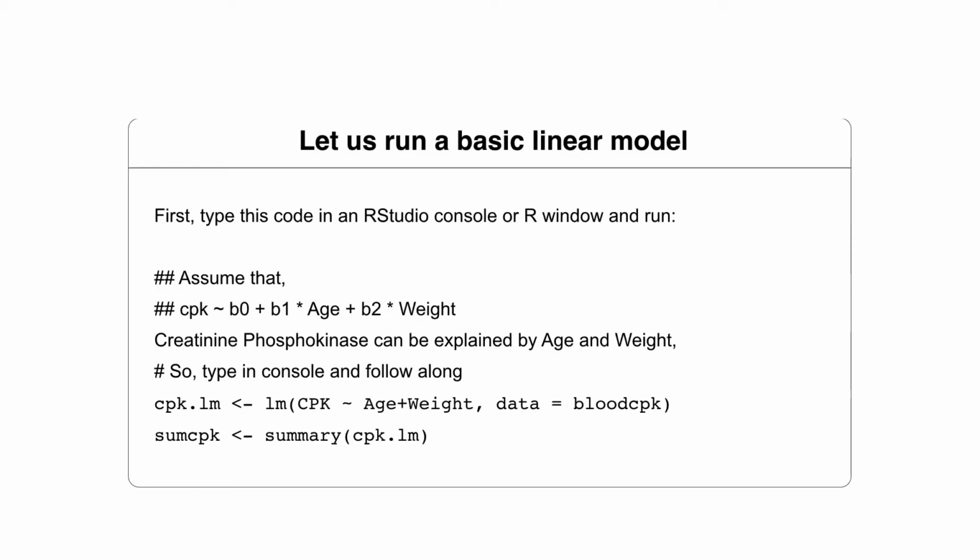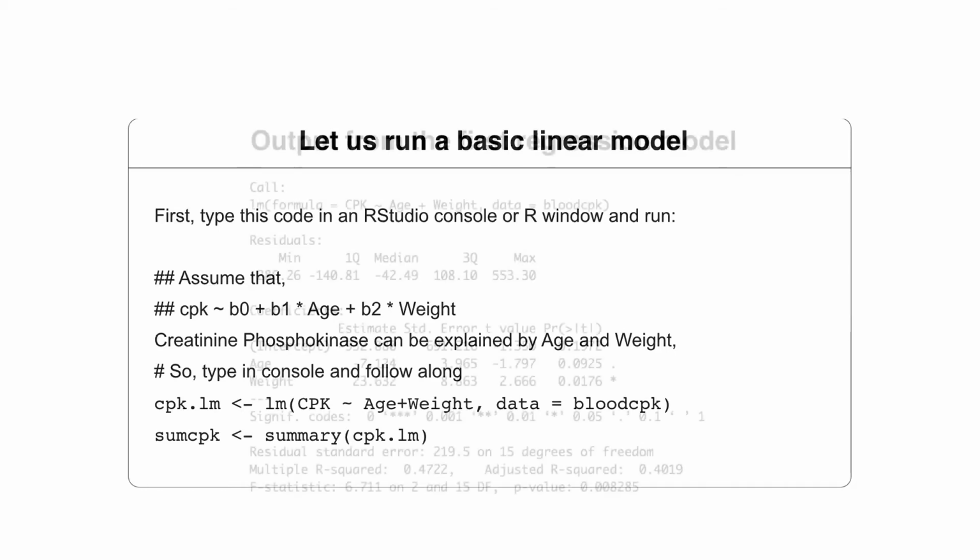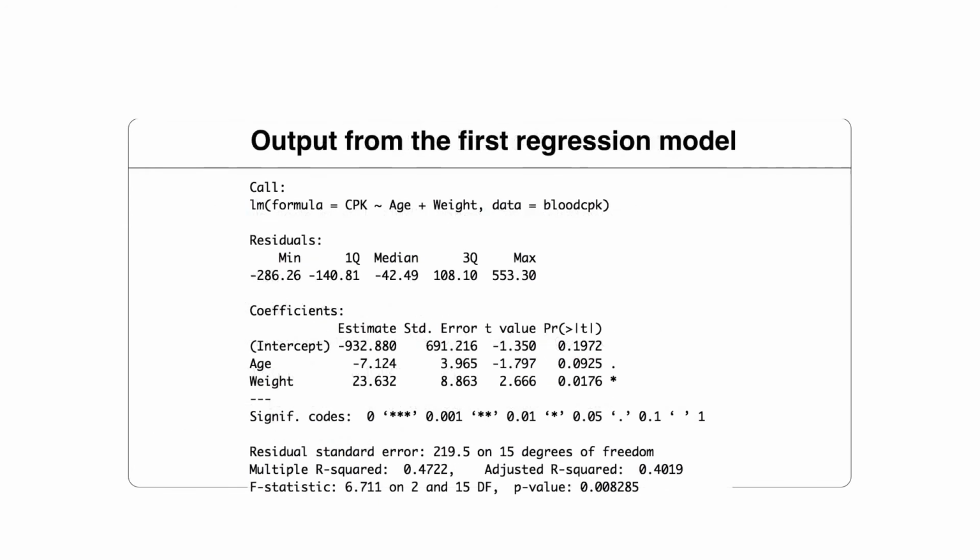So let's see if we get the sum_cpk. So print out sum_cpk. What do we get out of that? That's the output from the regression model. And when we do this, we get to see the residuals. And you can see that these residuals, which is the residual of the composite model, do not exactly follow a normal distribution or Gaussian distribution.